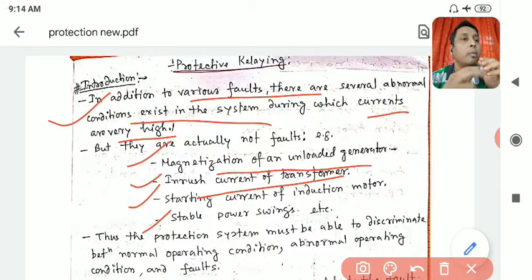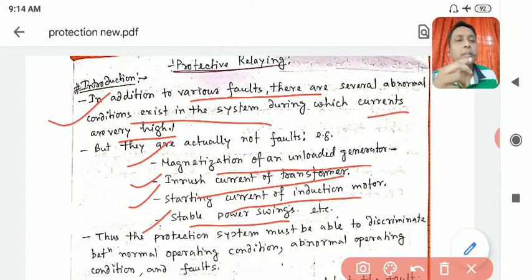If you charge a no-load transformer, a high inrush current flows. The starting current of an induction motor is always very high. And stable power swings, a little complicated phenomenon: in an interconnected system, power flows from one zone to another, and then power swings. Some swings are stable, some are not.